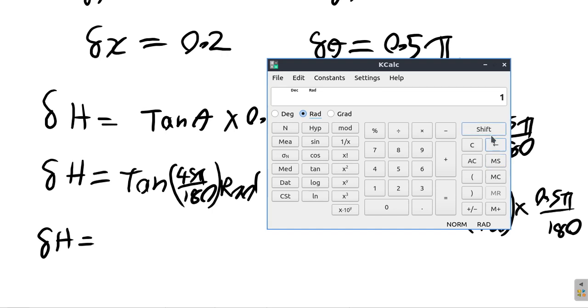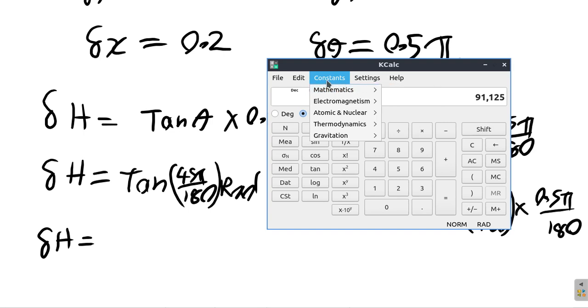Alright, so we have 45 times, oh no, clear, 45, what's going on? What's it with this calculator? I put 45 times and it's showing me that.